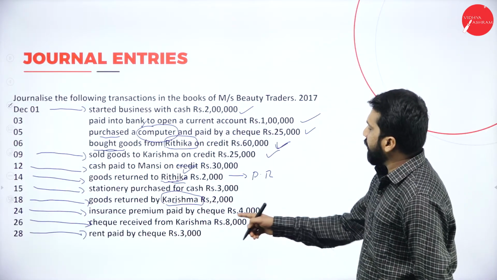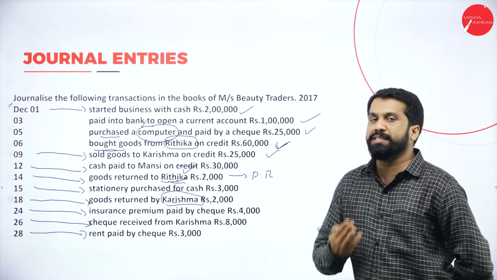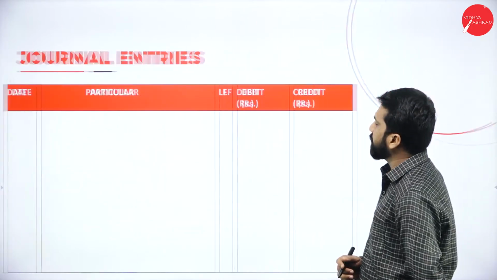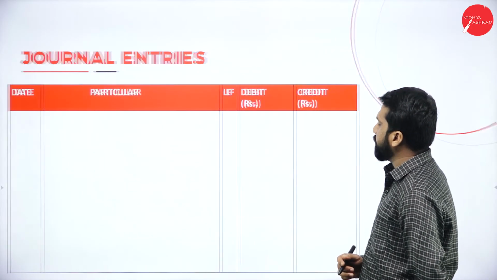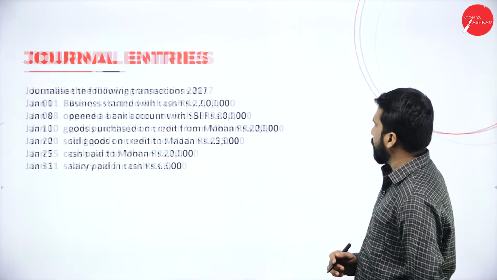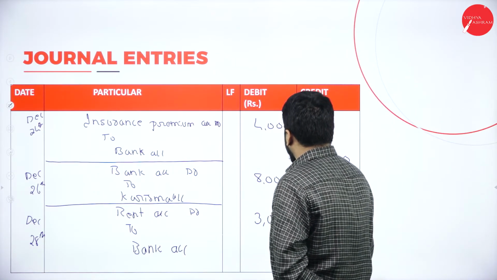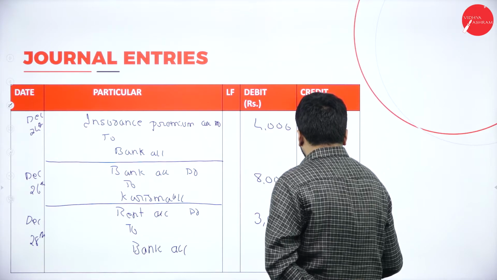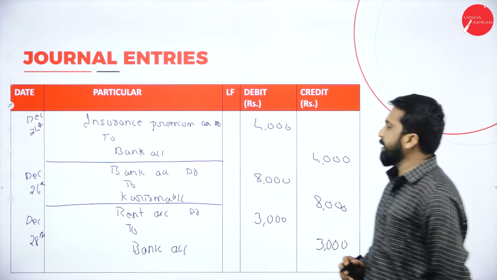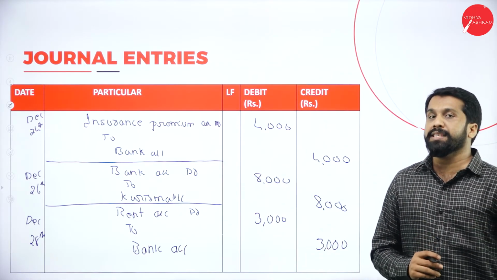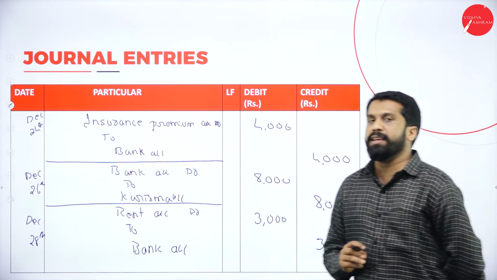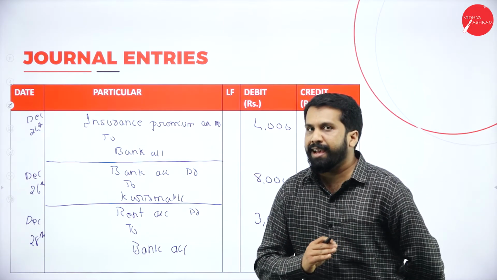We'll check. The rent paid by check is rupees 3000. So it must be 3,000. So what is your end? 3,000. Up to this, any doubt? Hopefully, up to this, you don't have any doubt.